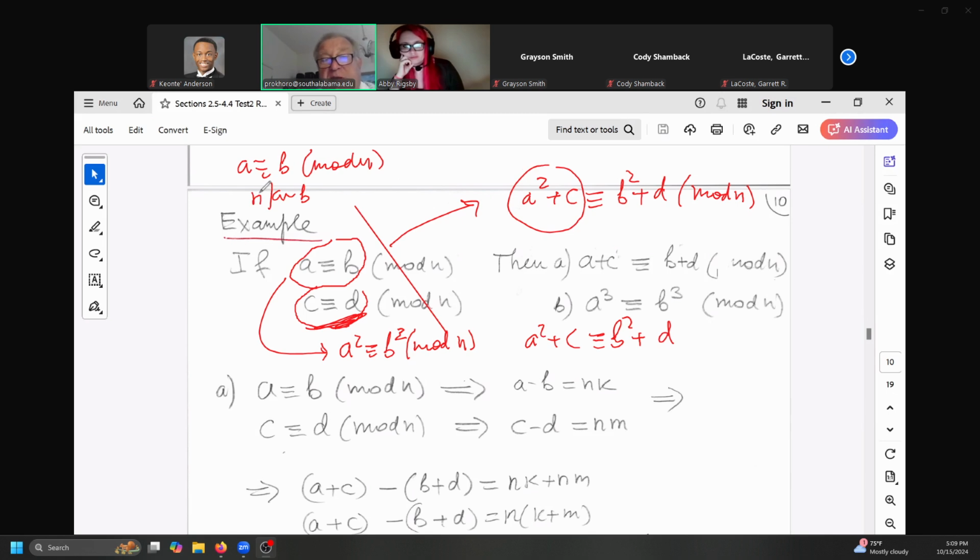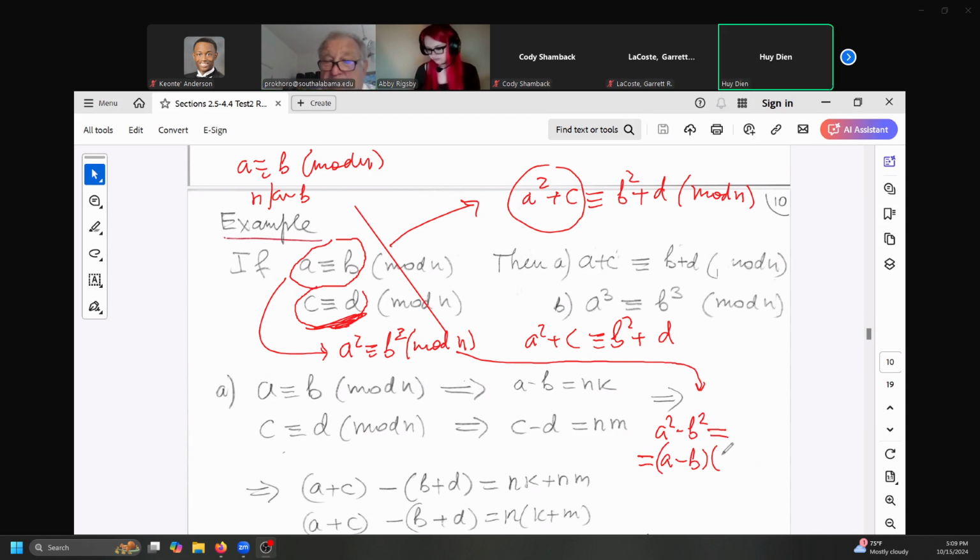Now to see a squared is congruent to b squared modulo n, I need to write the difference of two numbers, a squared minus b squared, apply the formula a minus b times a plus b.